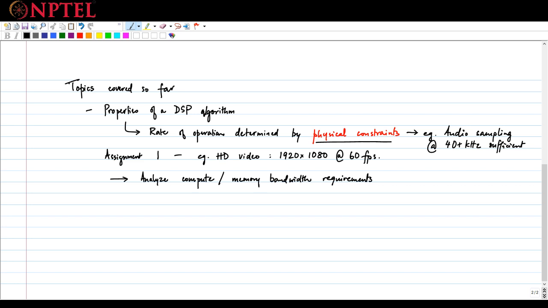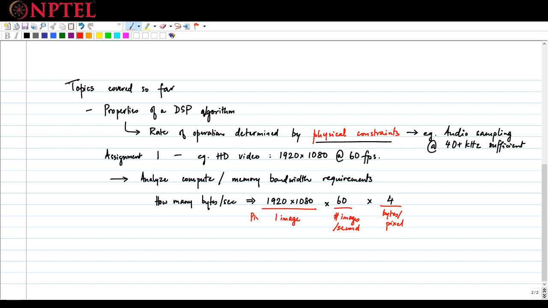So as an example of this, problem 1 in assignment 1 would be something like, how many bytes per second would come down to what is the size of one image multiplied by 60, which is the number of images per second, multiplied by 4, which is the number of bytes per pixel, right?